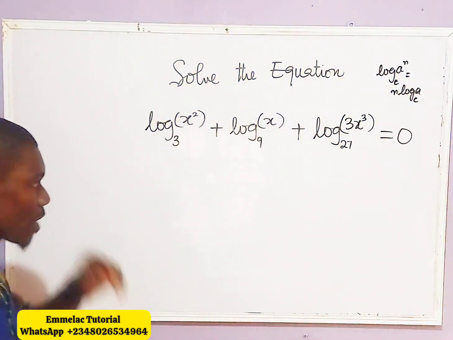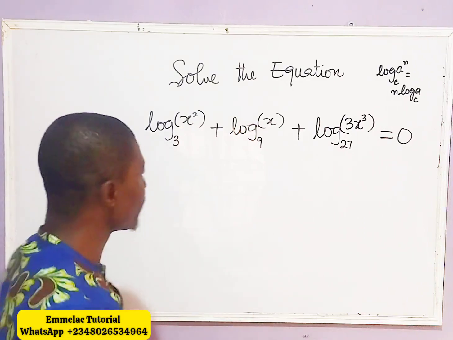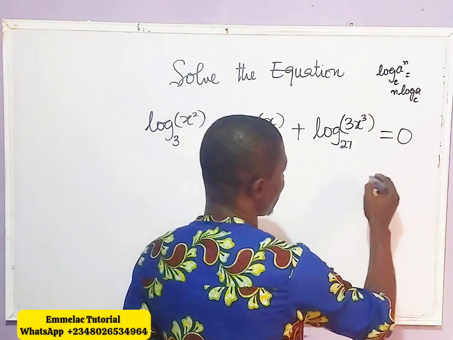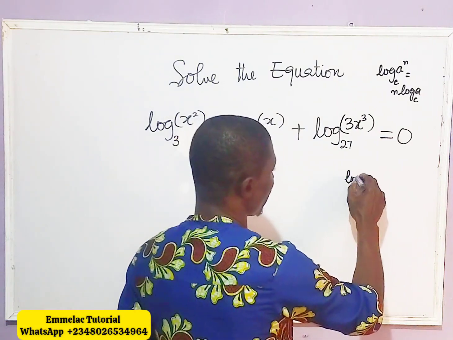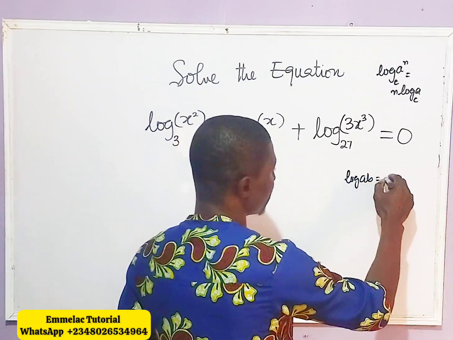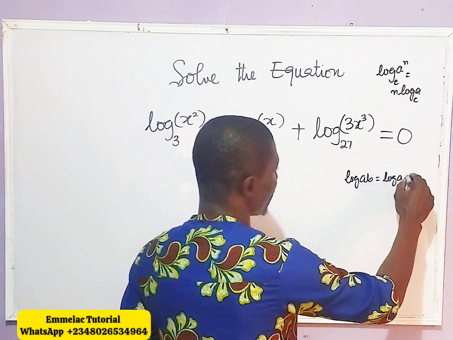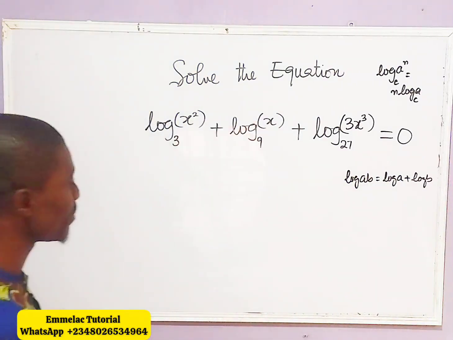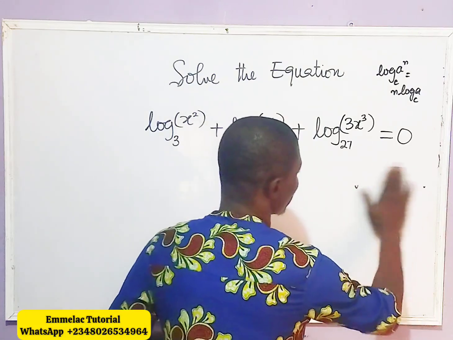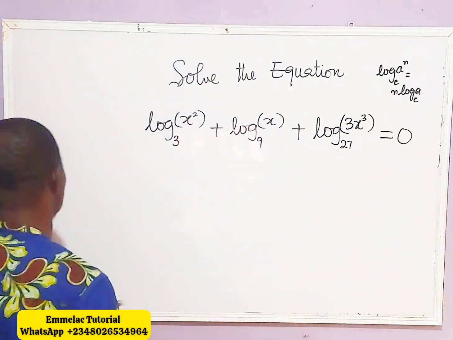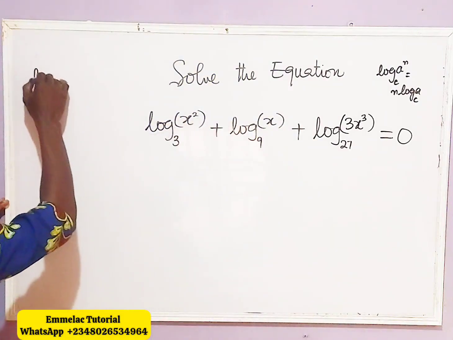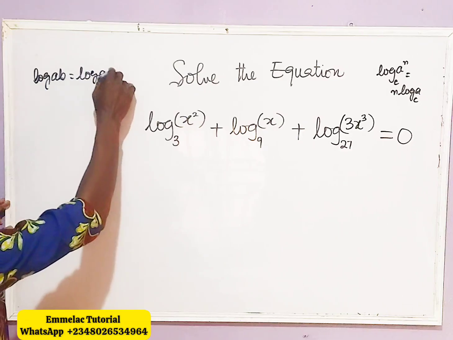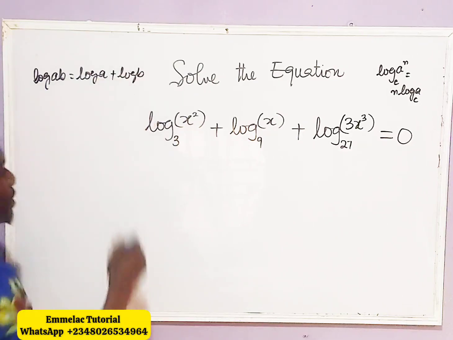And if you have log ab, it is the same thing as saying log a plus log b. Let me write this somewhere right here as a reminder. That will be log ab equals log a plus log b.